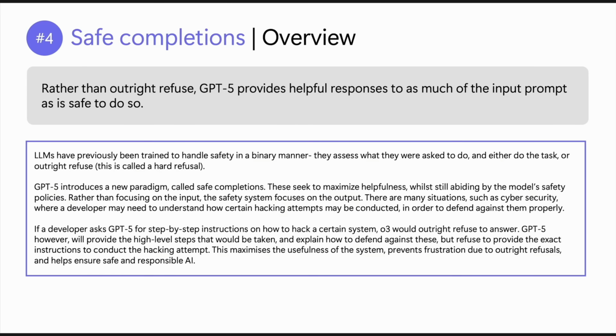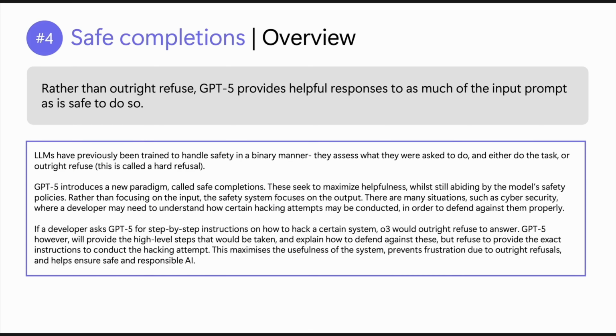Rather than outright refusing to do tasks, GPT-5 provides helpful responses, called safe completions, to as much of the input prompt as is safe to do so. Rather than focusing just on the input, what was I asked to do, and saying yes or no, it focuses on the output. So there are many situations, let's say in cybersecurity, maybe a developer is trying to understand how certain hacking attempts could be conducted, and they want to defend against them.